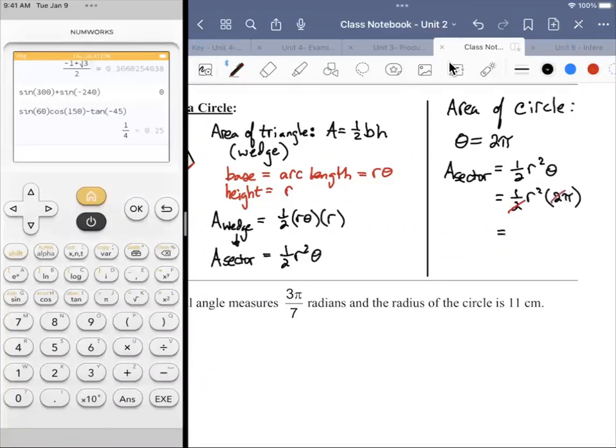And so we get pi times r squared. So when we let theta equal 2 pi, we actually get the area of a circle, because a sector that has an angle of 2 pi radians, or 360 degrees, is equivalent to a circle.